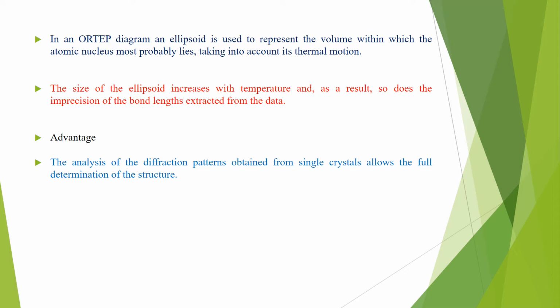The size of the ellipsoid increases with temperature and, as a result, so does the impression of the bond length extracted from the data. The advantage of this analysis of the diffraction pattern is that the analysis of the diffraction pattern obtained from a single crystal allows full determination of the structure.